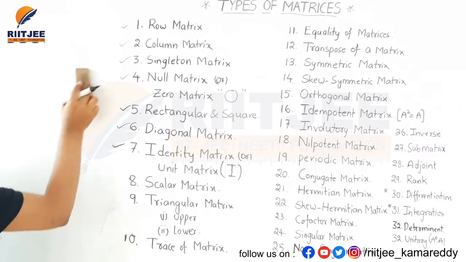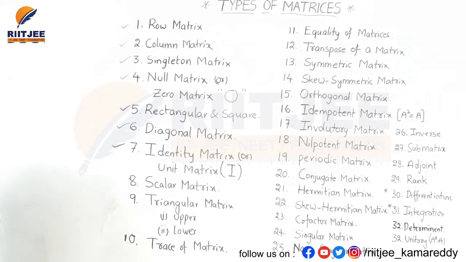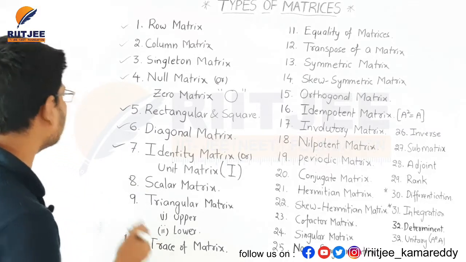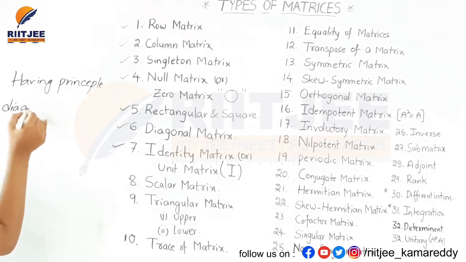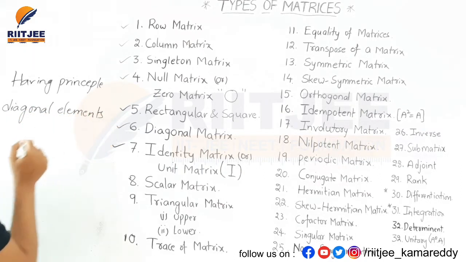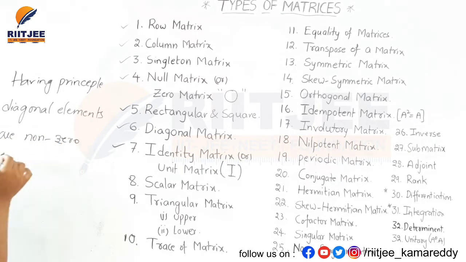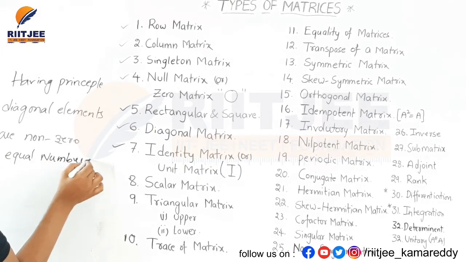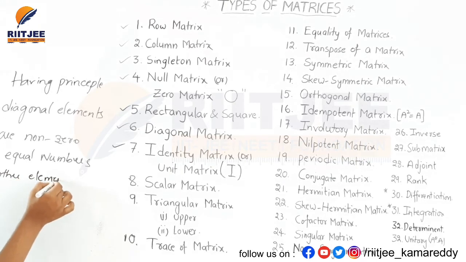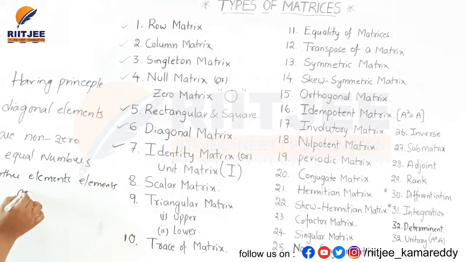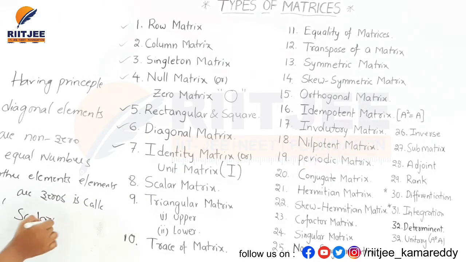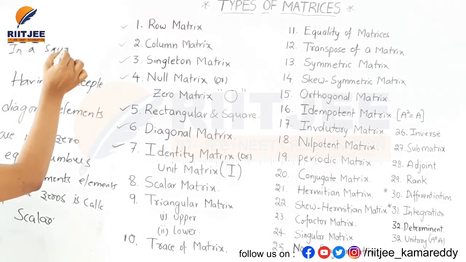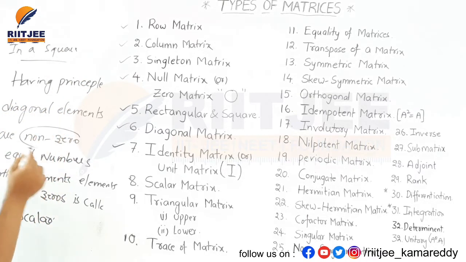A scalar matrix is nothing but, in a square matrix, having principal diagonal elements that are non-zero equal numbers, and other elements are zeros, is called a scalar matrix.